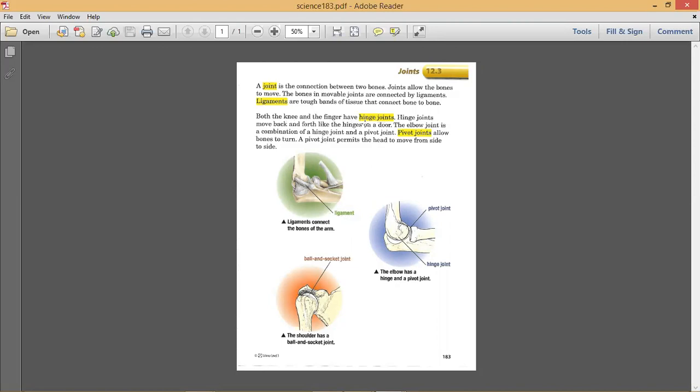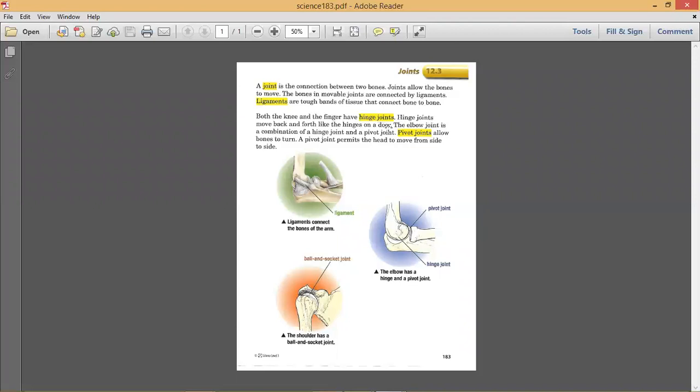Now, both the knee and the finger have hinge joints. Hinge joints. Hinged joints move back and forth like the hinges on a door. So I want you to try to find a door and you will find that at the side there are hinges. Okay?